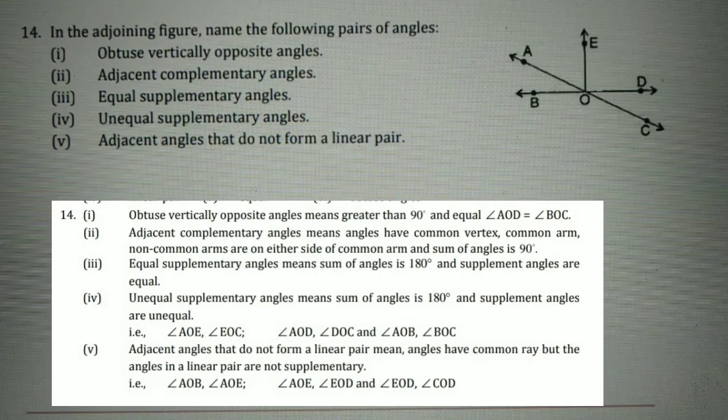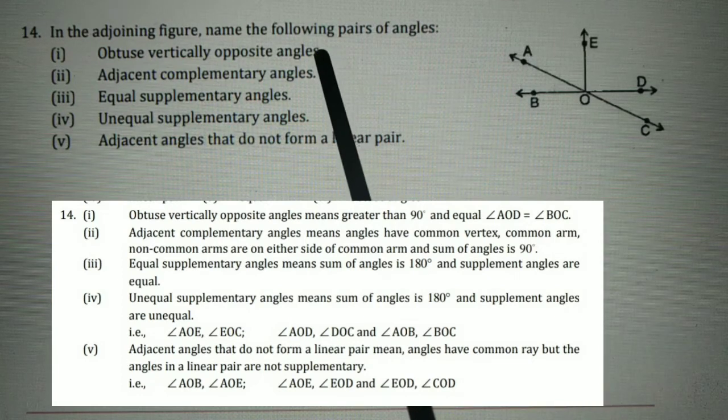So students, see the first word, obtuse vertically opposite angles. Now we observe the diagram and tell which two angles are obtuse. Obtuse means more than 90 degree, and vertically opposite, those satisfy both the conditions. So one is obtuse, obtuse means more than 90.